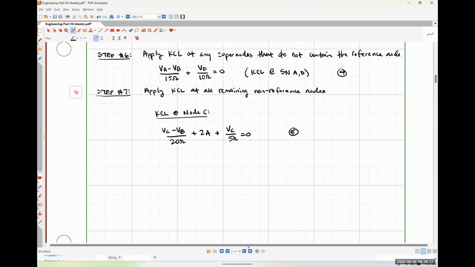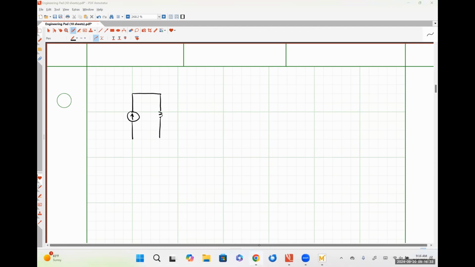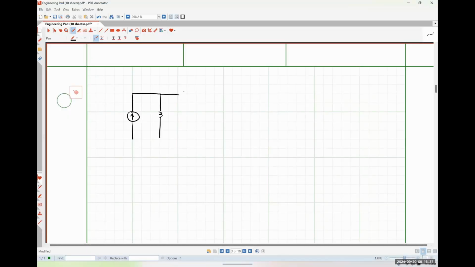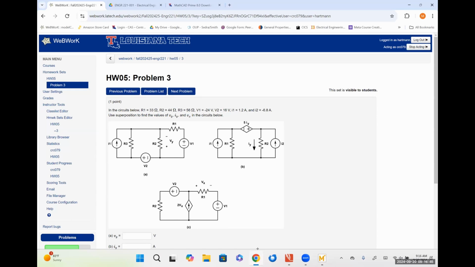So anyway, I feel like the circuit that we were looking at had a current source over here. And then we had some resistance. And then a dependent source. Did I get that backwards? I did indeed.